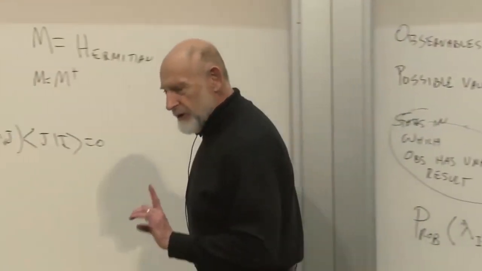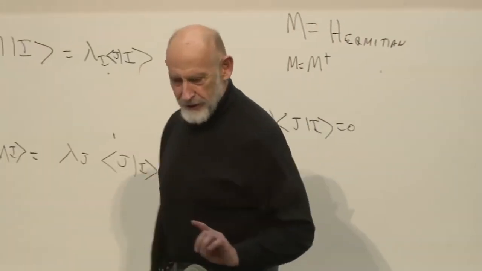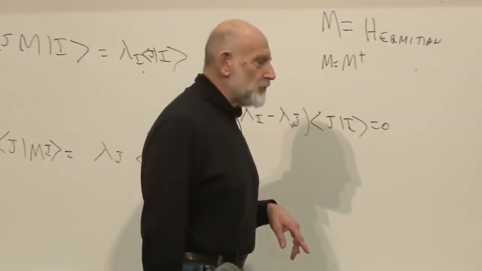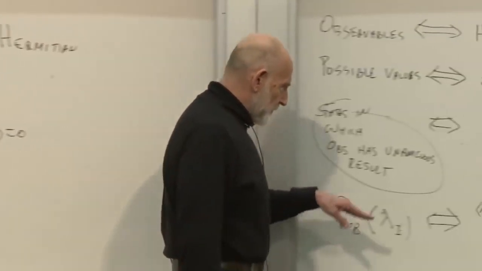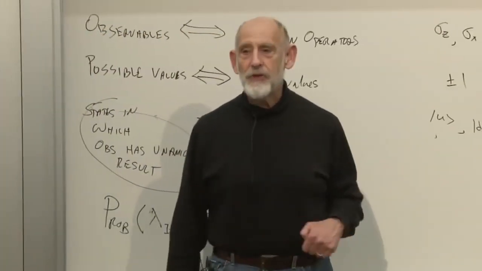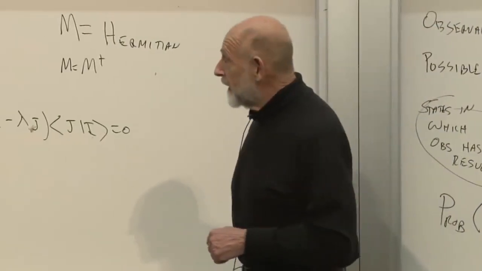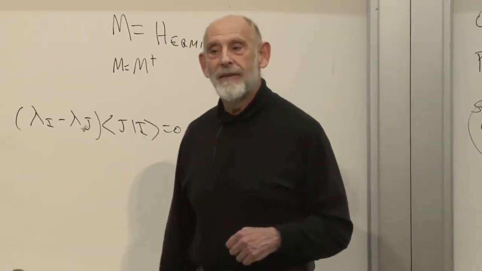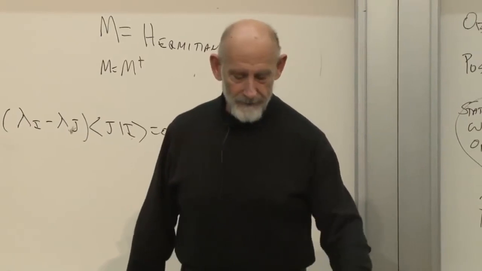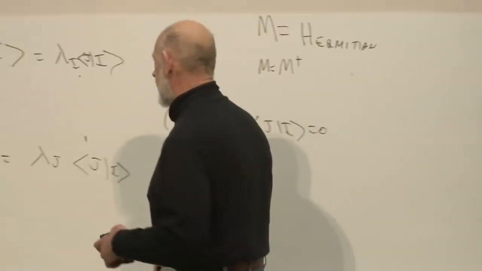Now, there's an implication here about the nature of state vectors, coming from the assumption that total probabilities are equal to 1. They have to be normalized. Yeah, let's work that out.